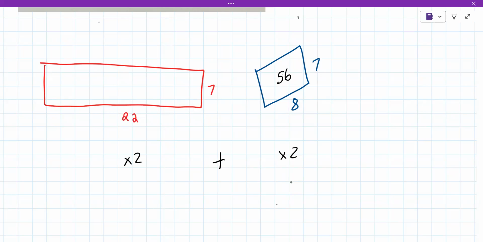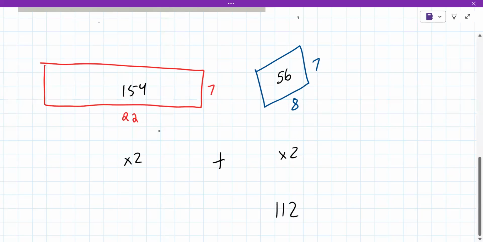Now, how about the red rectangle here? What's 7 times 22? 154.